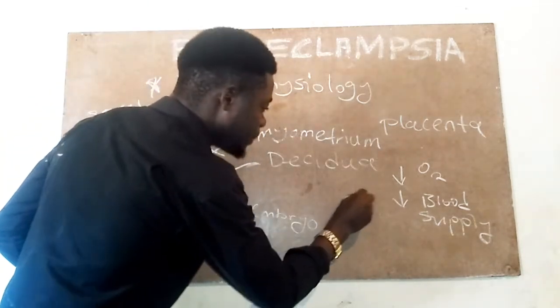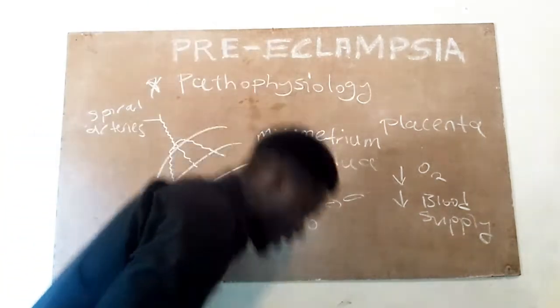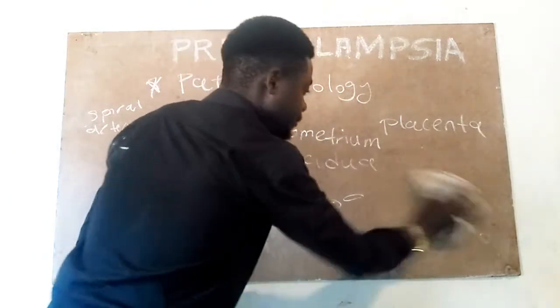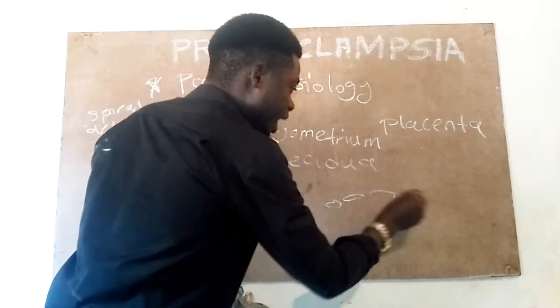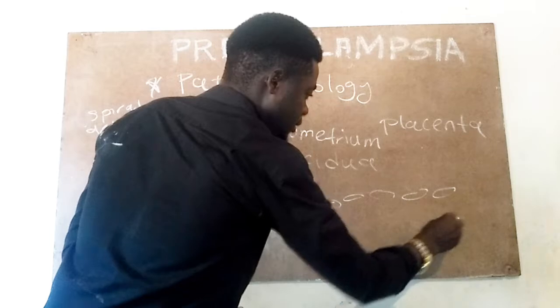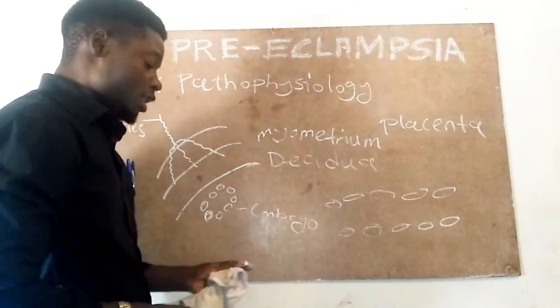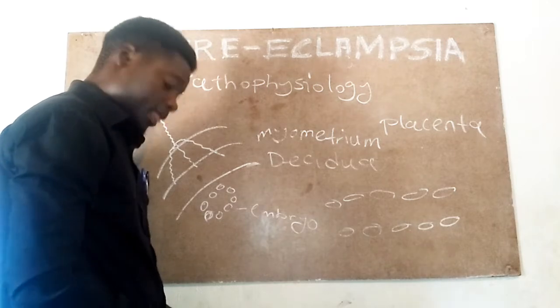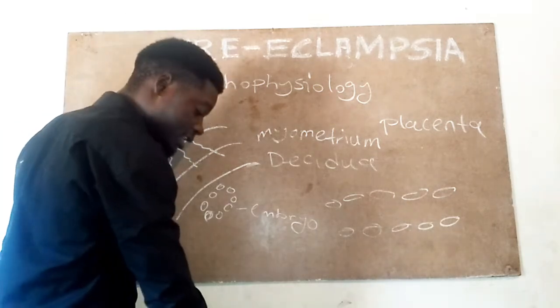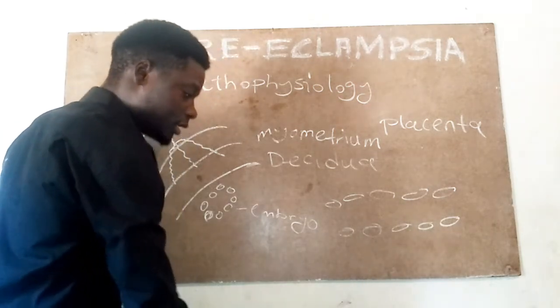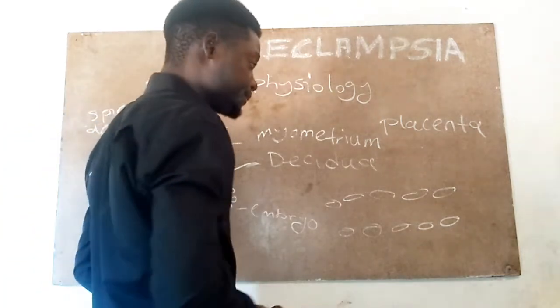So imagine this is a blood vessel in the mother's circulation. They are lined with endothelial cells. What's going to happen is those inflammatory proteins are going to attack the mother's endothelial cells and damage them.